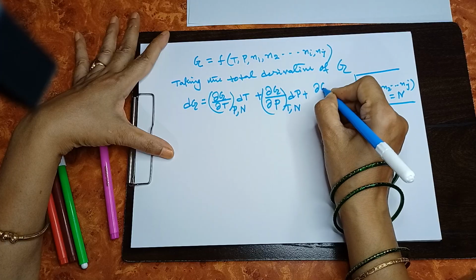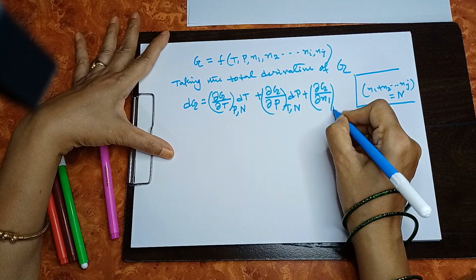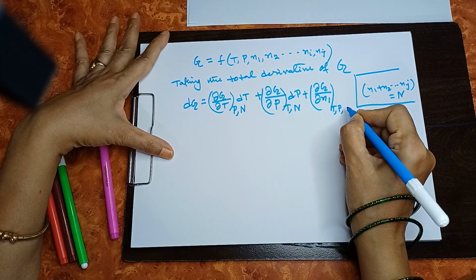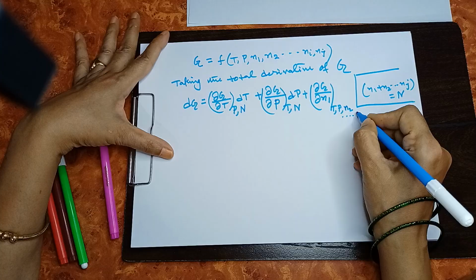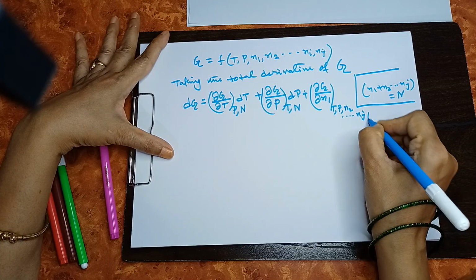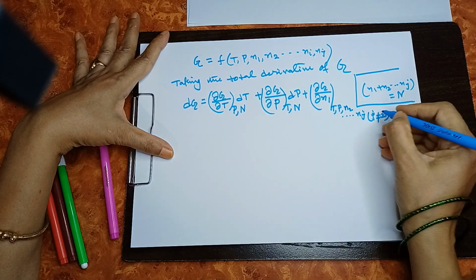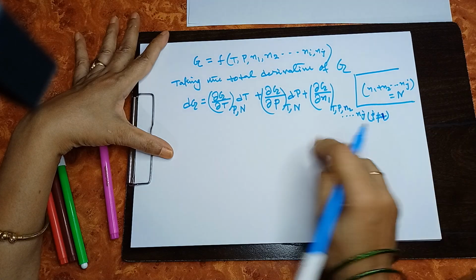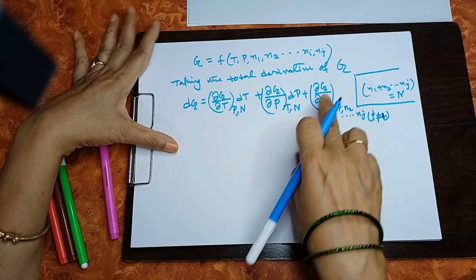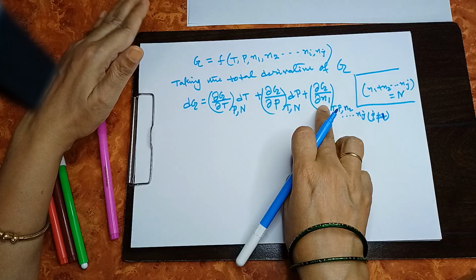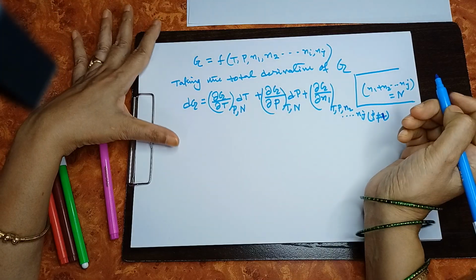Plus dou G by dou N1 at constant temperature, pressure and the amounts of the other components N2 up to Nj, with j not equal to 1, because this indicates, with respect to component 1, the number of moles or amount of component 1, what is the change of the Gibbs free energy.